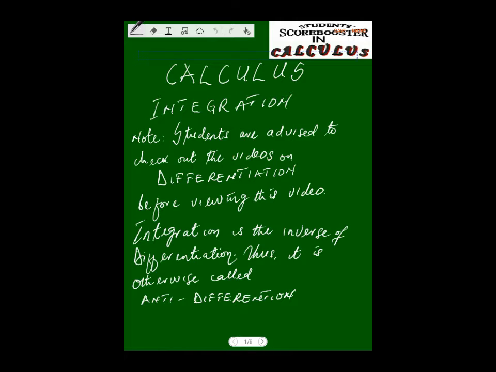However, today I'm gonna start a new subtopic under calculus, and that is integration. Integration is another aspect of calculus.